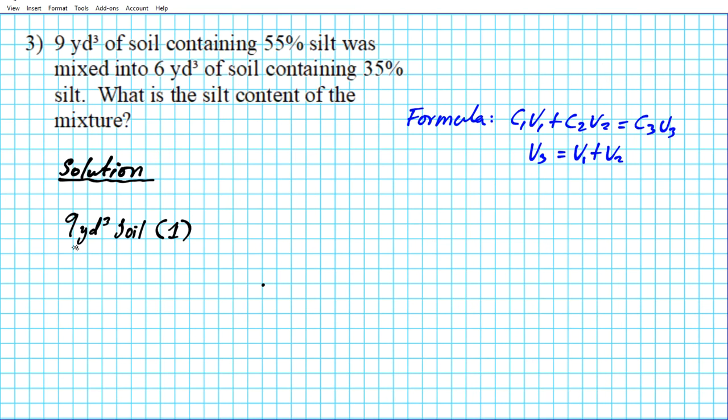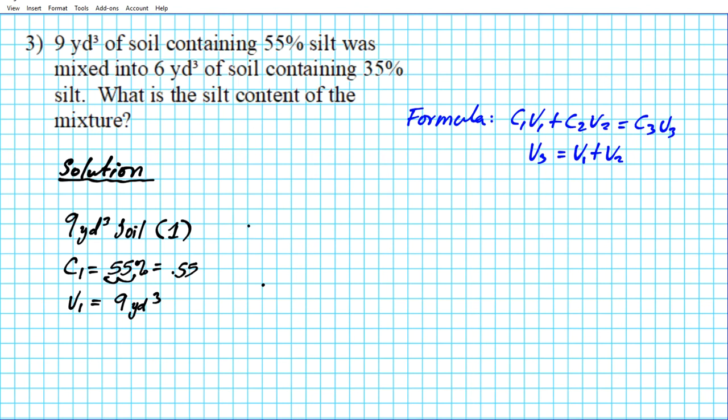Let's find the concentration. C1 is 55% silt, which in decimal form, you move your decimal point 2 places to the left, so that's 0.55. And V1 is the volume of the 9 cubic yard soil, which is just 9 cubic yards.